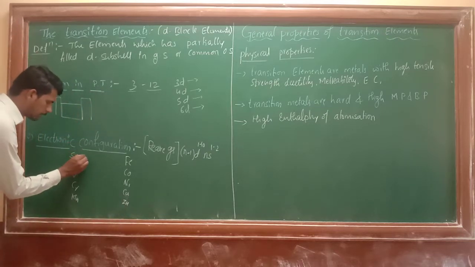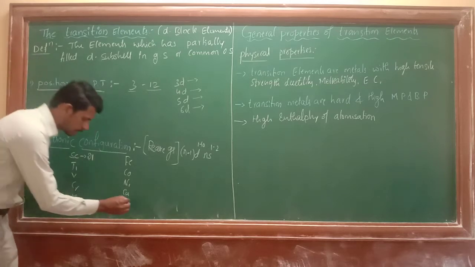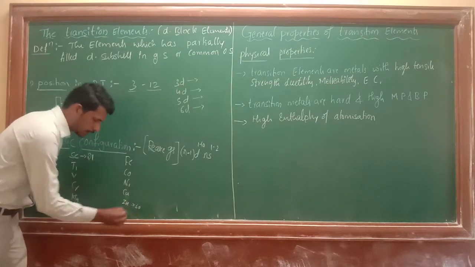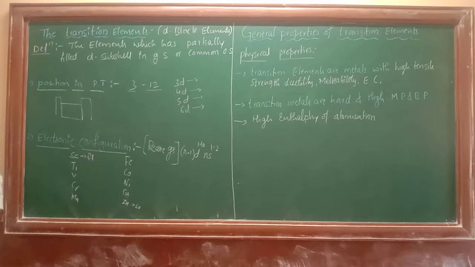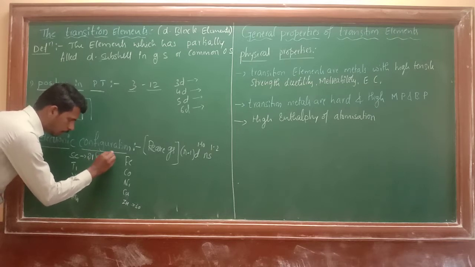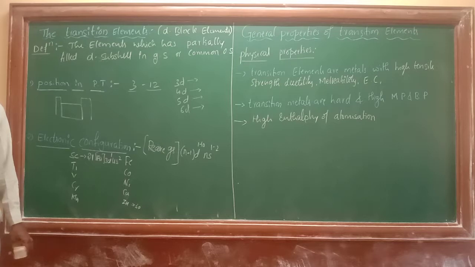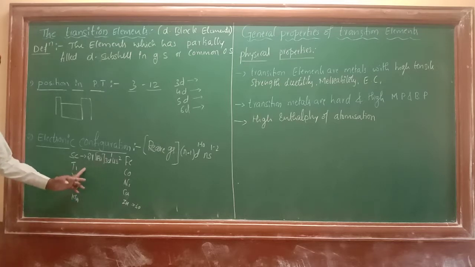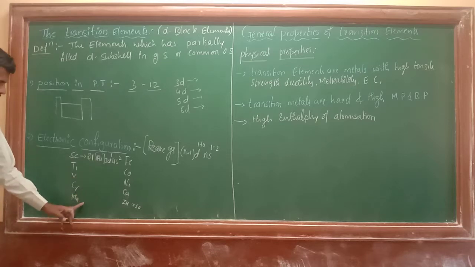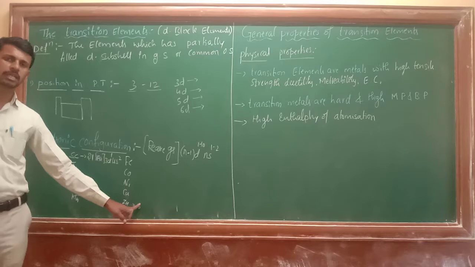Scandium has atomic number 21. Zinc has atomic number 30. You write the electronic configuration as argon 3d1 4s2. Likewise, argon 3d2 4s2, 3d3 4s2, 3d4 4s2, 3d5 4s2, 3d6, 3d7, 3d8, 3d9, 3d10 4s2.